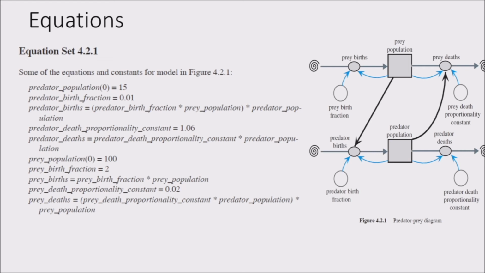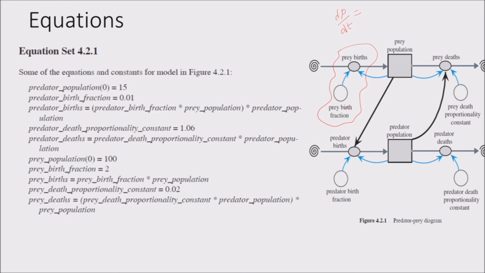You have the birth fraction and the birth, so this is that part right here. If you consider this one with no death, the unconstrained model, you have dP over dt equal to a constant times the population, and this constant is the birth fraction.